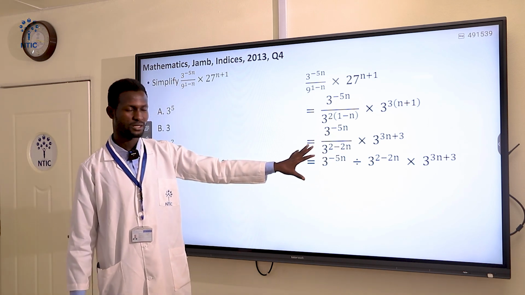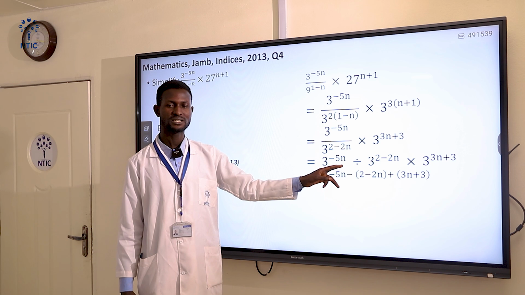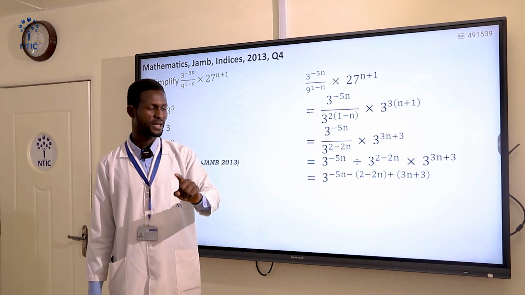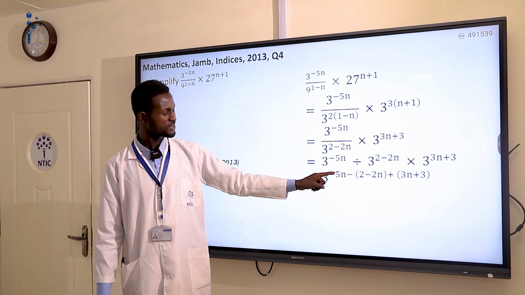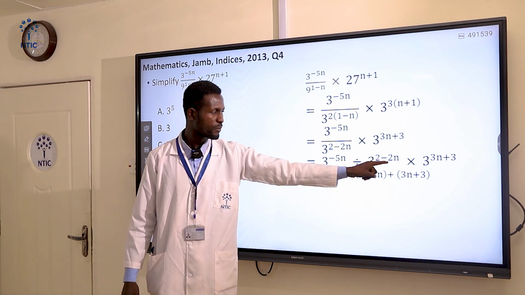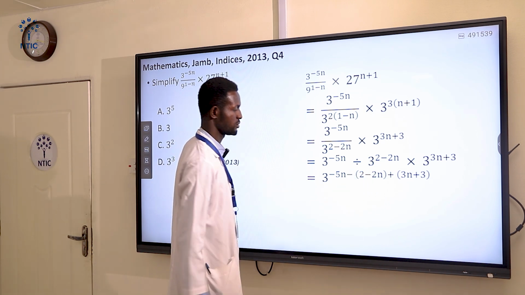We've not changed anything, we only changed the form of division. After applying the necessary laws of indices, we get this. Do not forget that whenever we have division, if we apply the law of indices, it changes to minus. And whenever we have multiplication, it changes to addition.